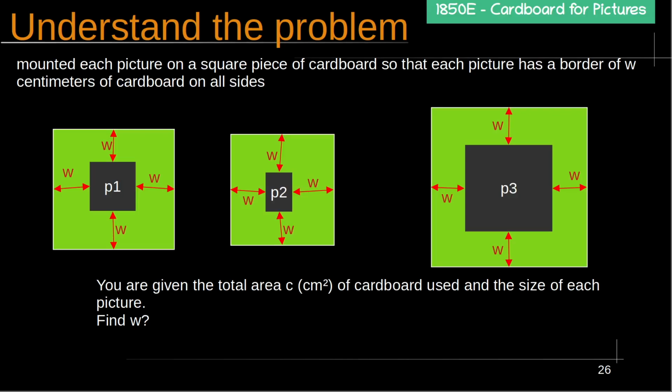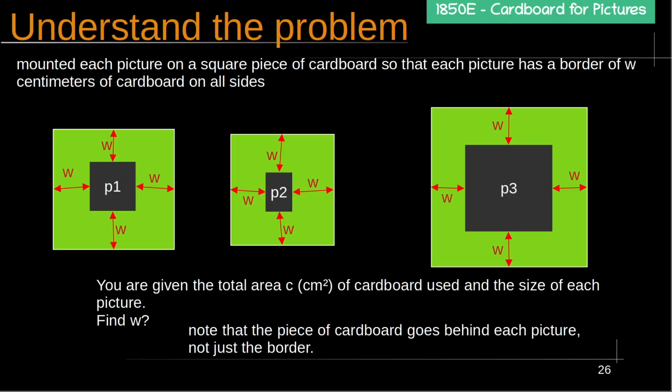Find W. You have to know that the piece of cardboard goes behind each picture, not just the border, which means the cardboard in green here goes totally behind the picture, not just the border of the picture.